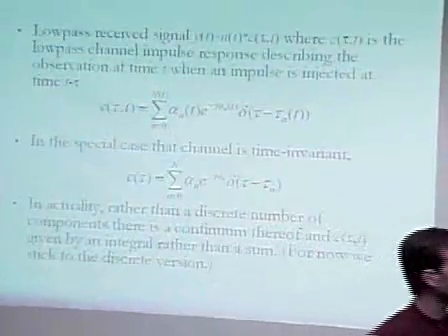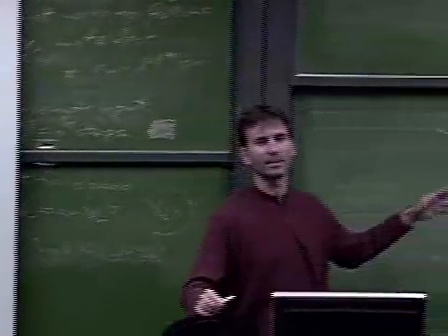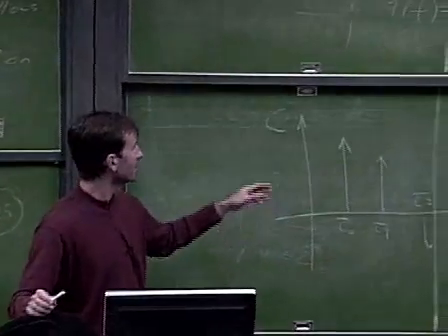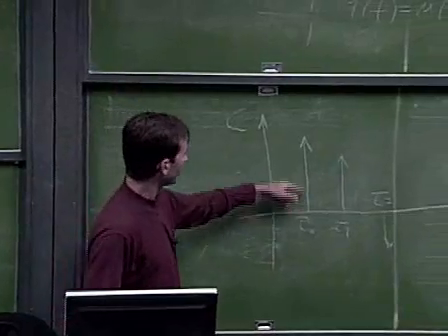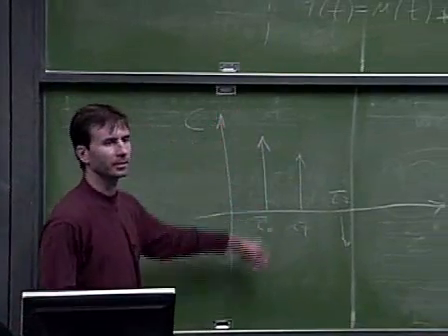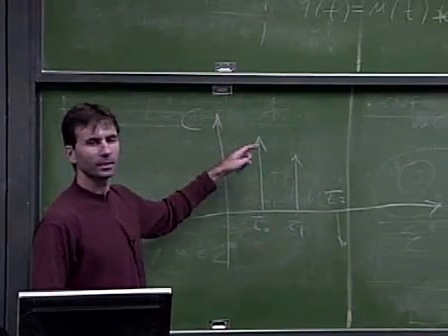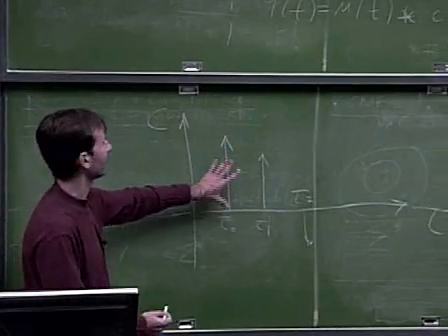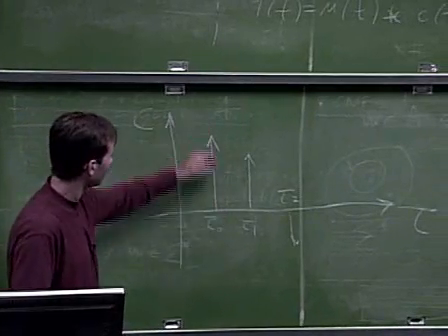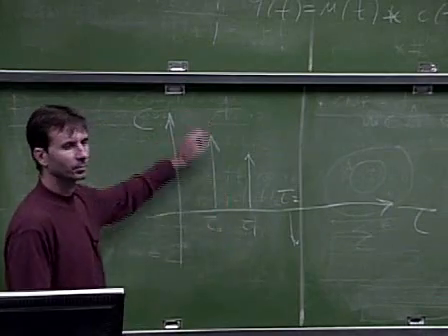So the way to visualize this, you cannot really plot this. You have to imagine it as a movie. Imagine that each of these impulses is oscillating, and alpha of t is the amplitude or the size of the impulse. So imagine that each of them becomes smaller and larger over time.